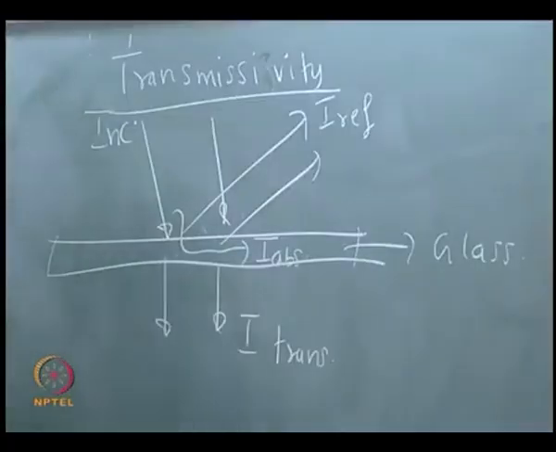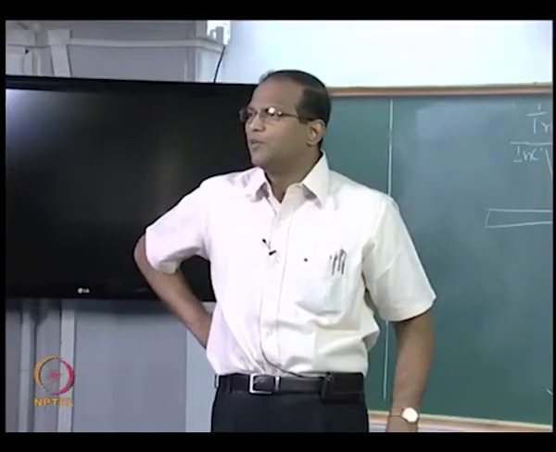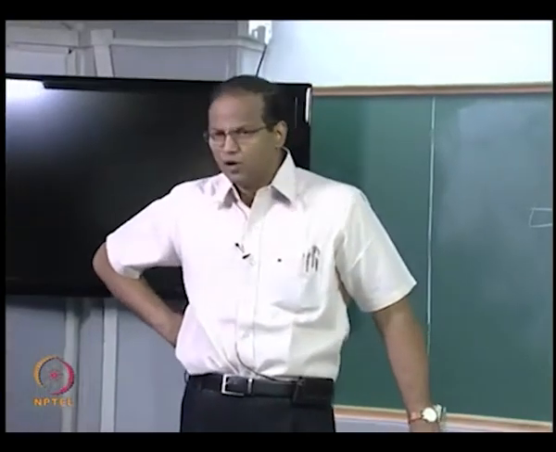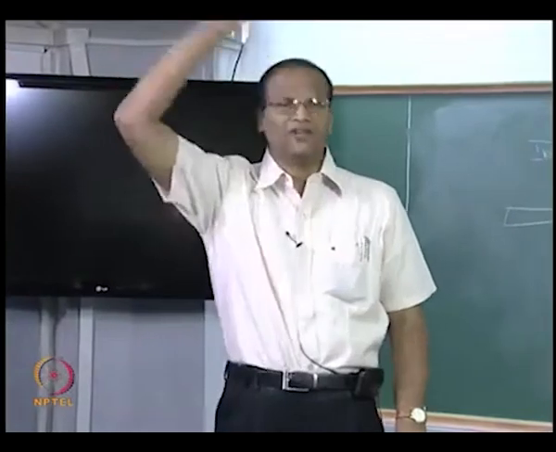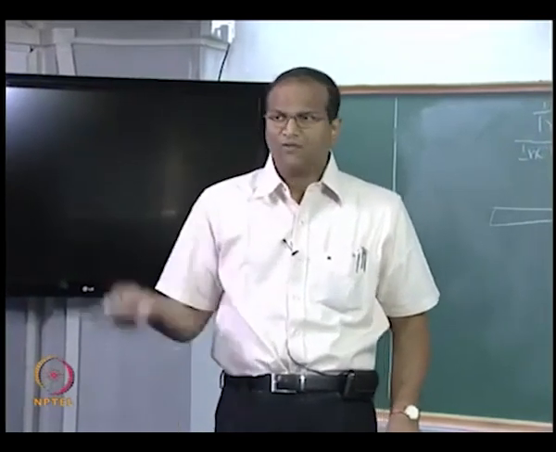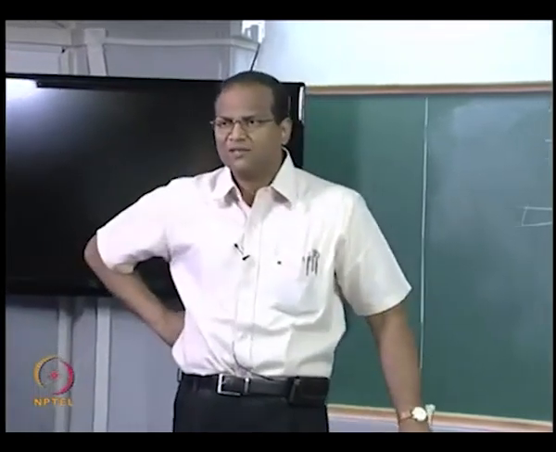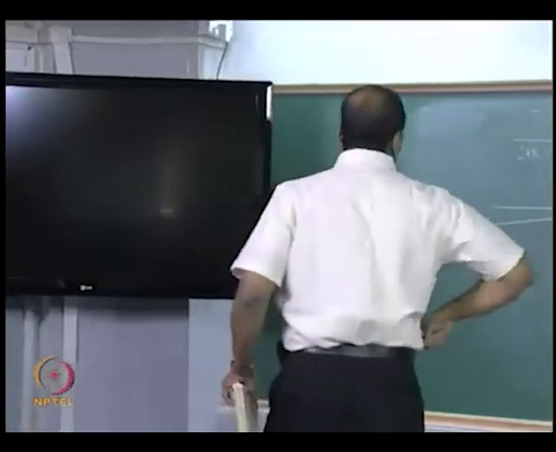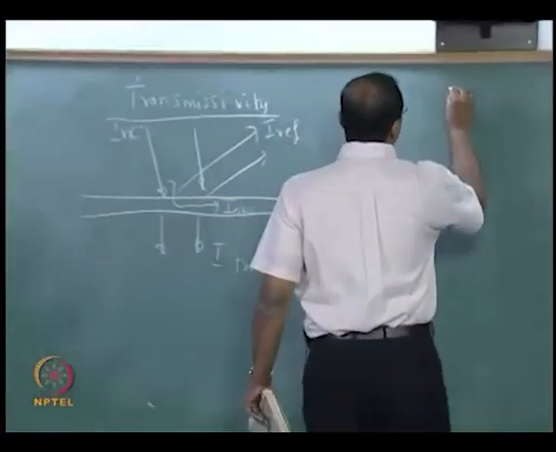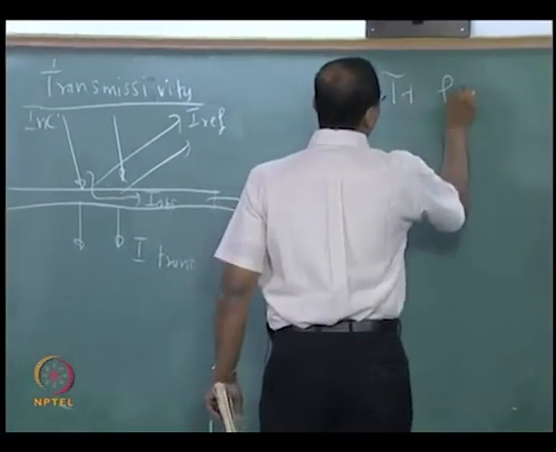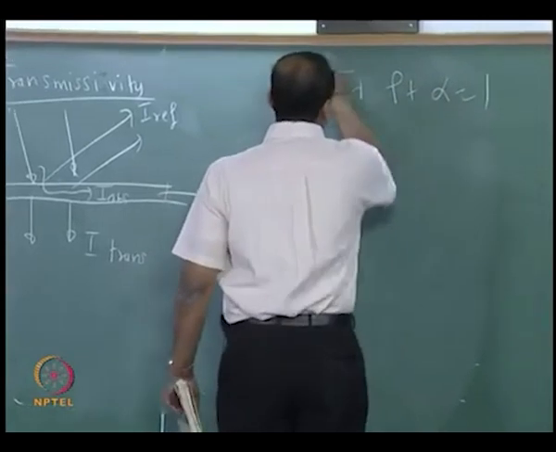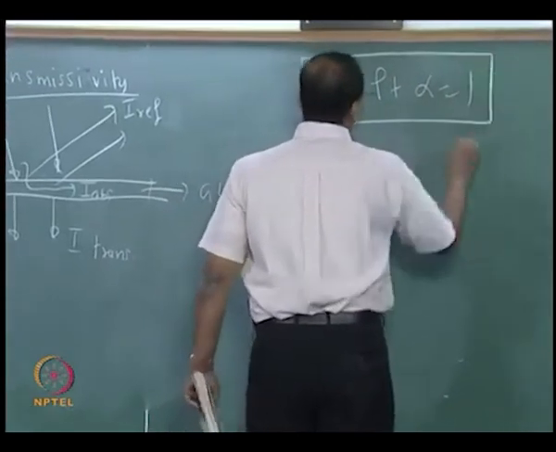Okay, so for a transparent medium or a semi-transparent medium, or a medium which is not opaque, there is a possibility that the radiation will penetrate the medium and come out of it. Therefore, an additional property enters, which is the transmissivity, tau.